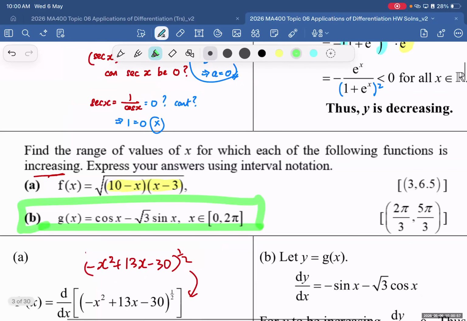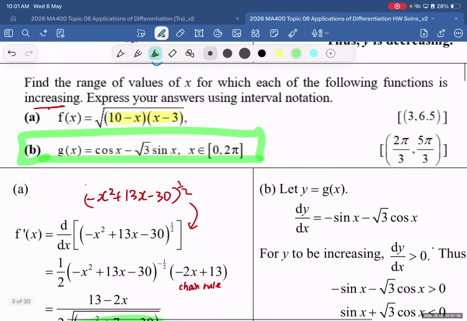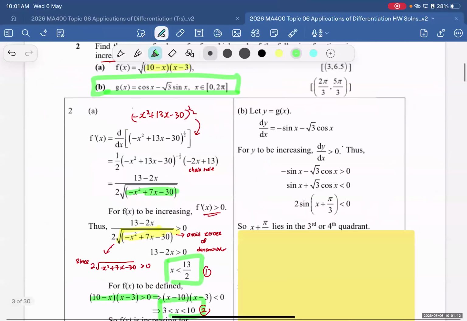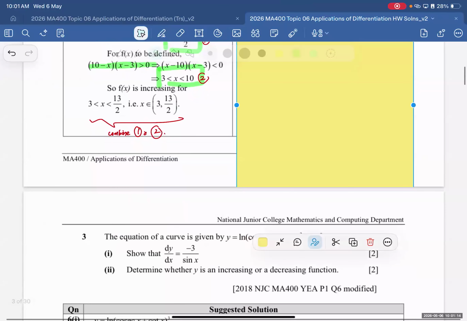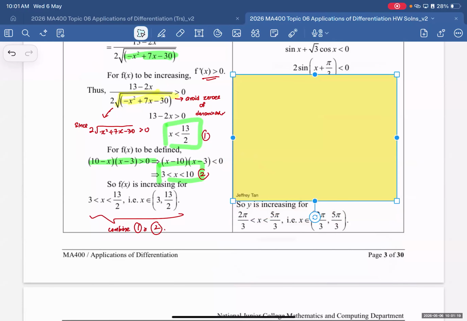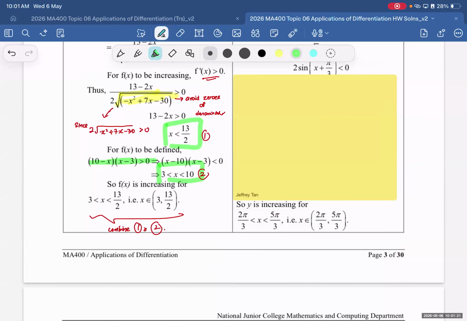Okay, so did anyone get tangent x? If you even try, did you get tangent x? Okay, so this is the answer. Is it the same as yours?